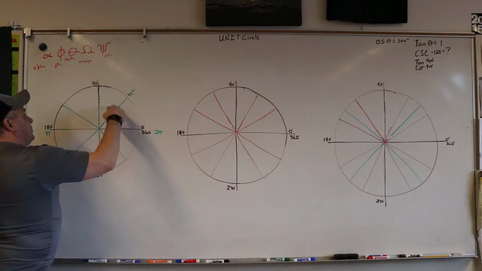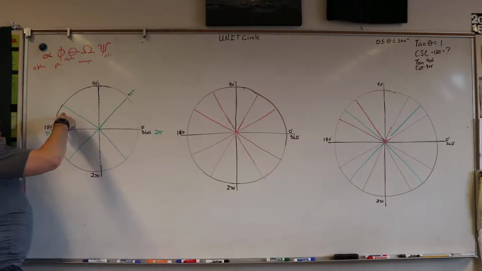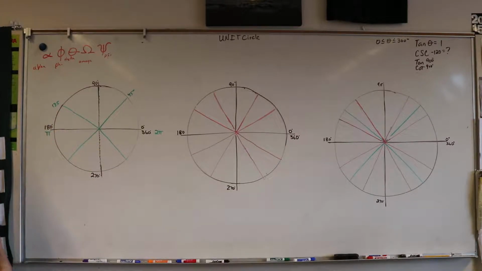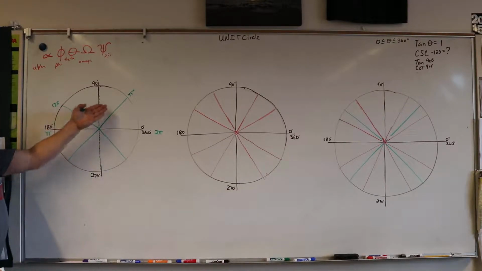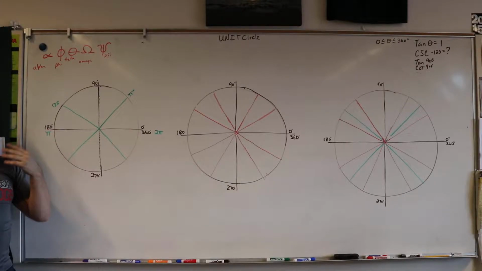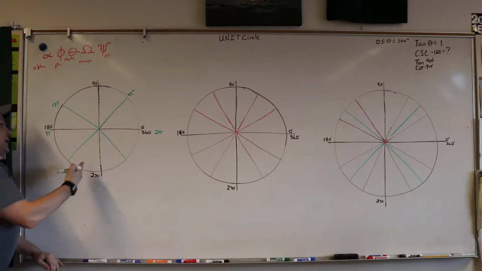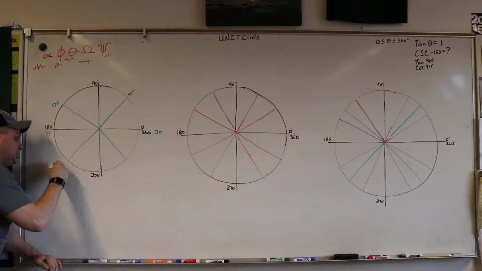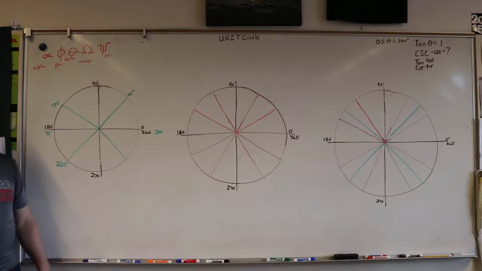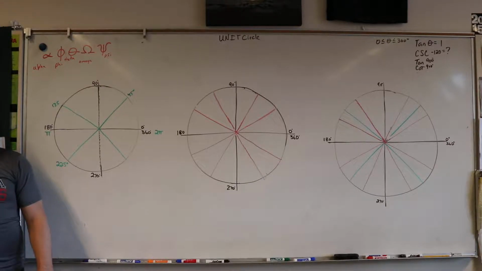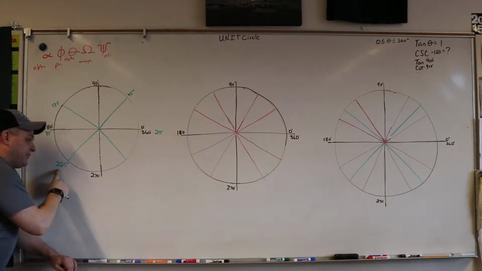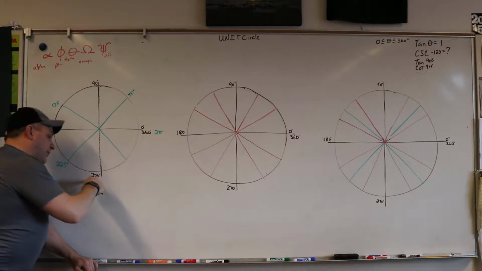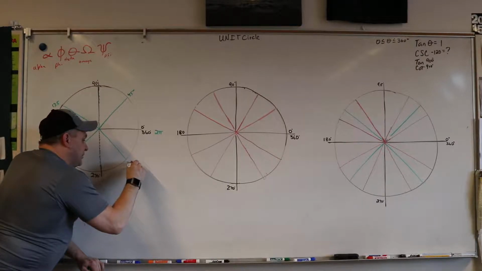And so therefore, if this is 45, 90, this would be 135. And then you add 45 to 135 and we get 180. Then you add 45 to 180 and you get 225 degrees. Then you add 45 to 225 and you get 270. And you add 45 to that and you get 315.